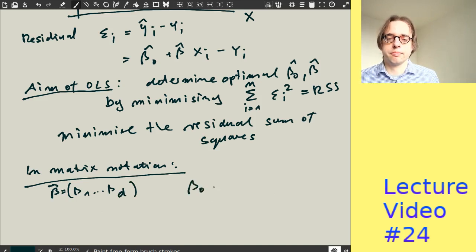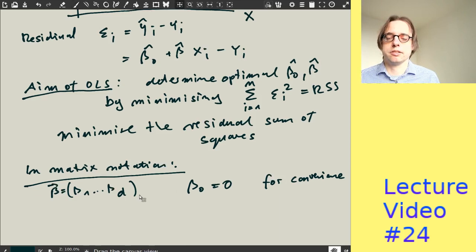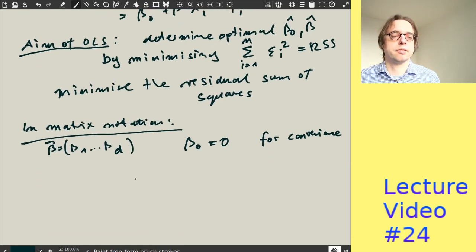We assume that beta naught is 0, just for convenience, because we've seen in the last video that you can center y and x, and then beta naught becomes 0. So this just tells us whether it goes through the origin or not.